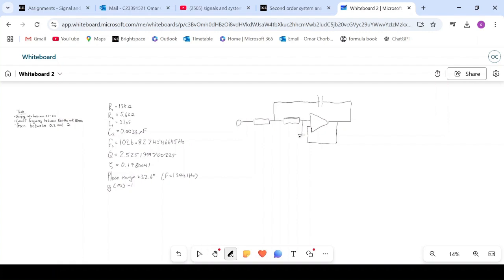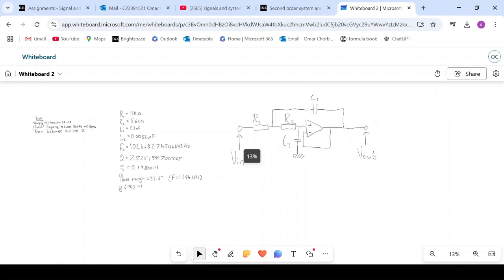And then we have our C2 to ground. So that's our two resistors and two capacitors along with the op amp. And then this will just be V out and V in. I got R1, R2, C1, C2.